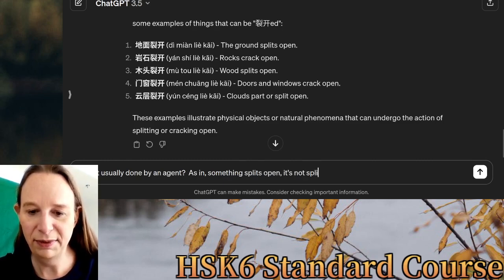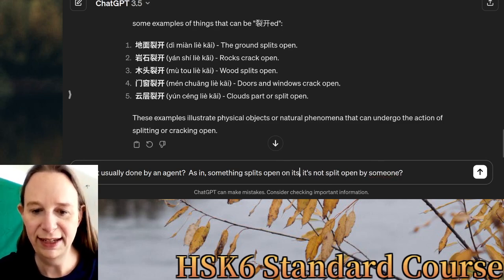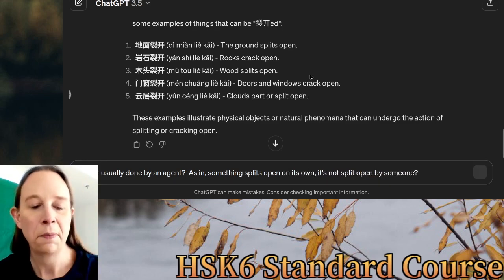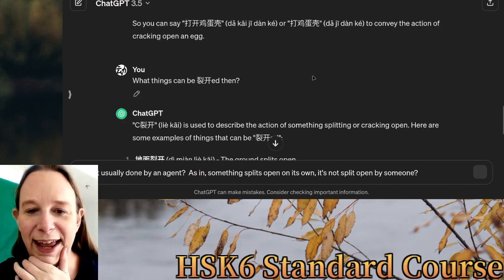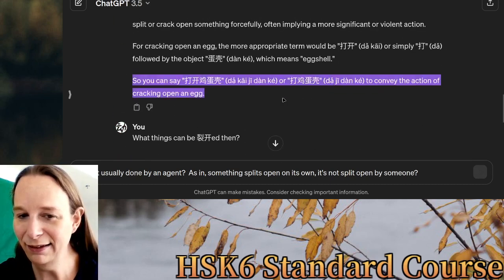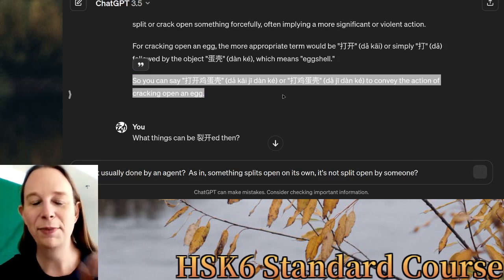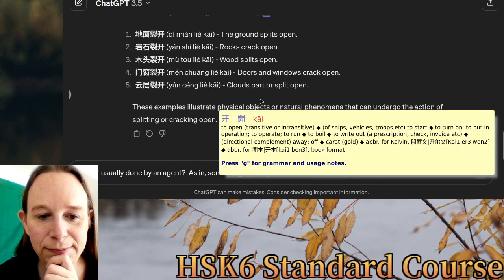It's not split open by someone. Something splits open on its own. That's my understanding, right? So my example with an egg was bad because that requires an agent. Someone needs to crack open the egg. So you 打开鸡蛋壳.